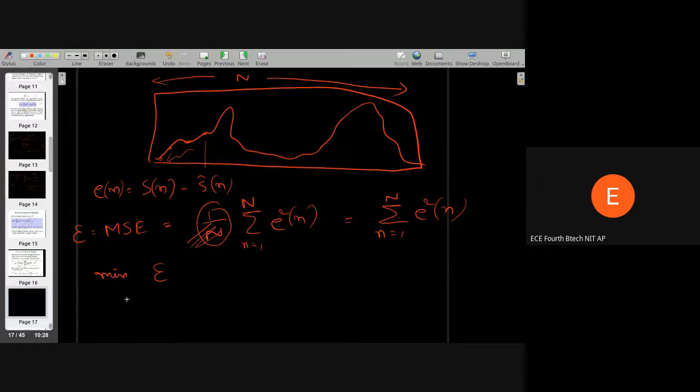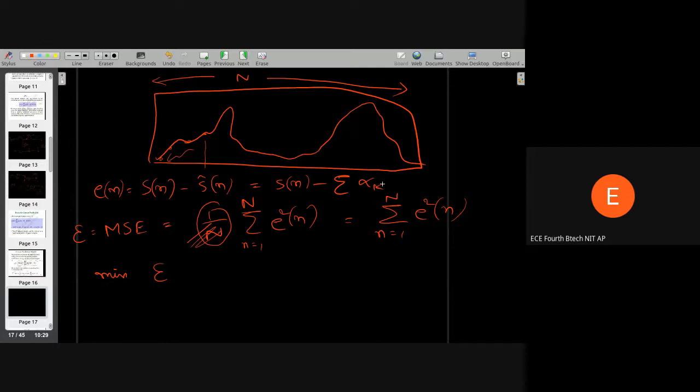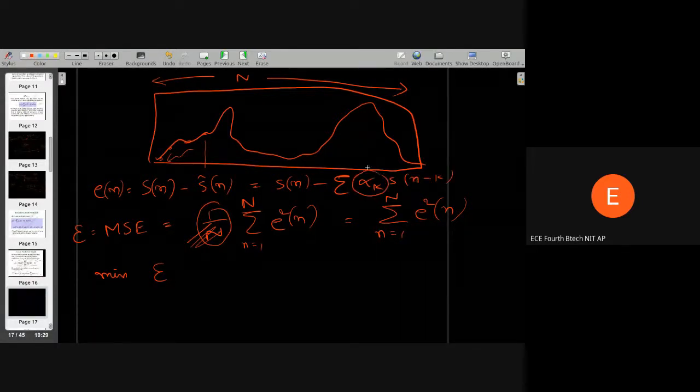We have to minimize this error with respect to all these coefficients.